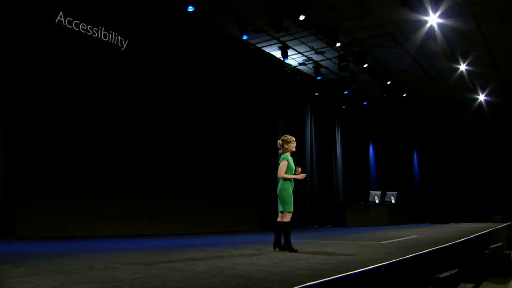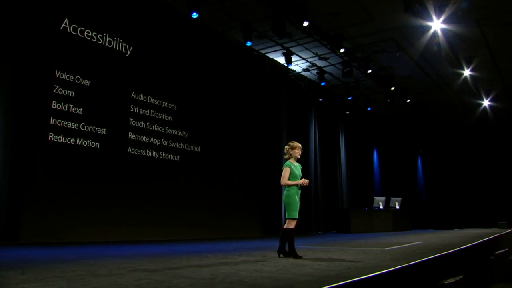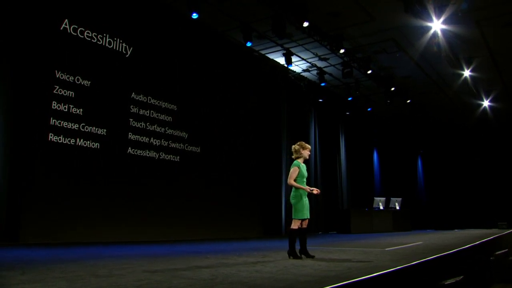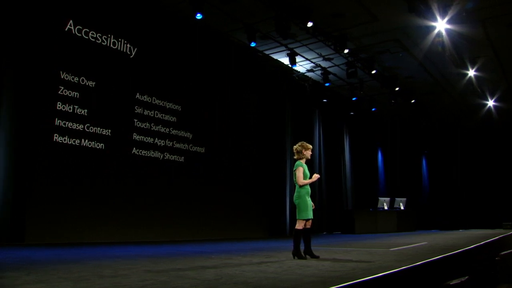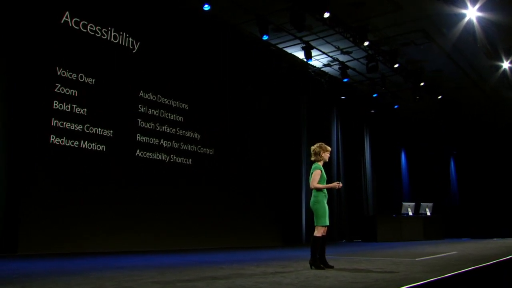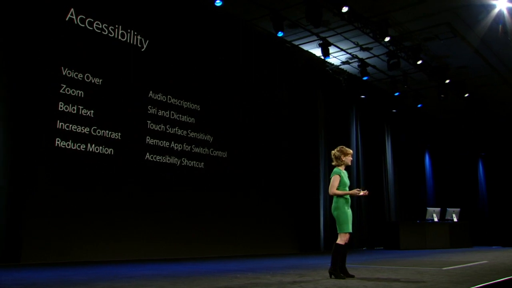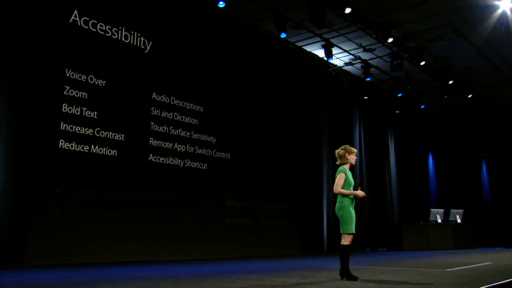Now, user preferences also apply to accessibility, and the Apple TV is packed full of accessibility features that provide the best user experience for everyone. Apps implementing custom fonts should match the accessibility behavior of system fonts and respect settings like bold type. Accessibility options also can change contrast, reduce motion, and more.